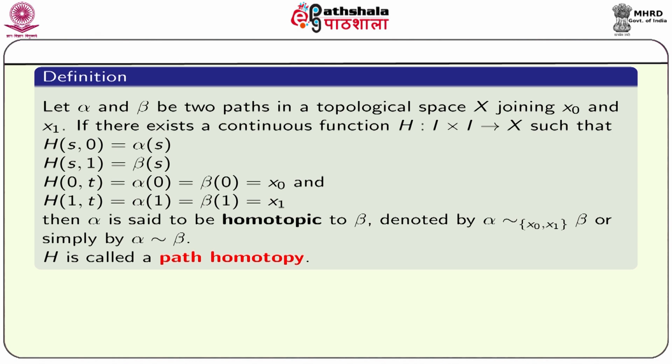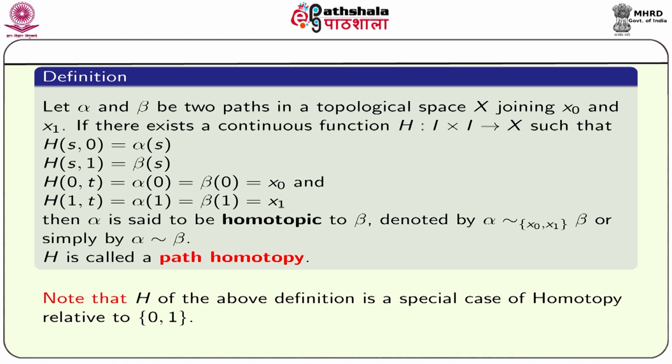Now, in this case capital H is called a path homotopy. It is to be noted that H of this above definition is actually a special case of homotopy relative to the points 0 and 1.